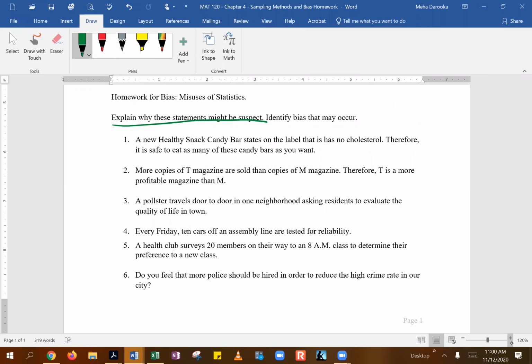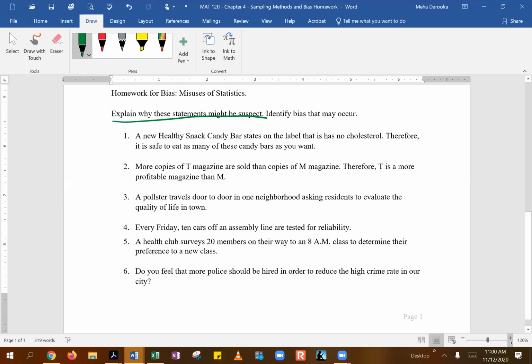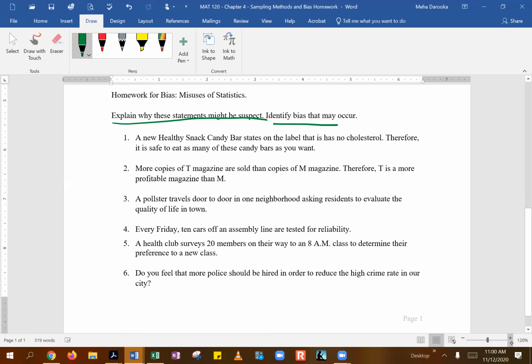So put in a good reasoning. Don't give me one-word answers. Give me a statement. Explain to me why you think there's a bias in these statements. Make sure you are identifying the bias and explaining. So do not give me one-word answers.